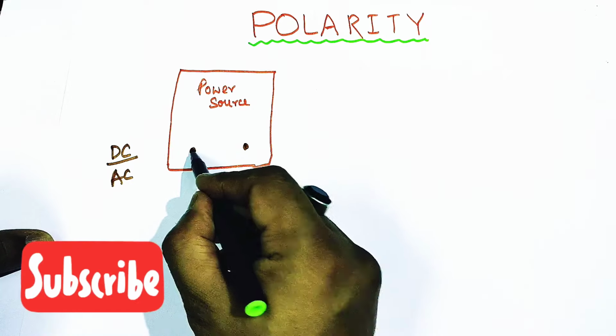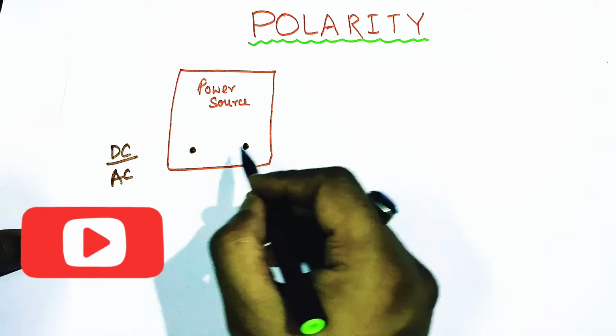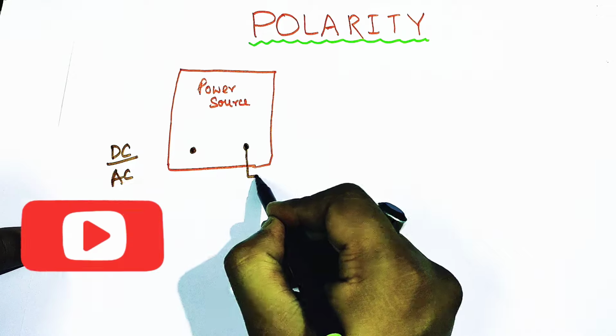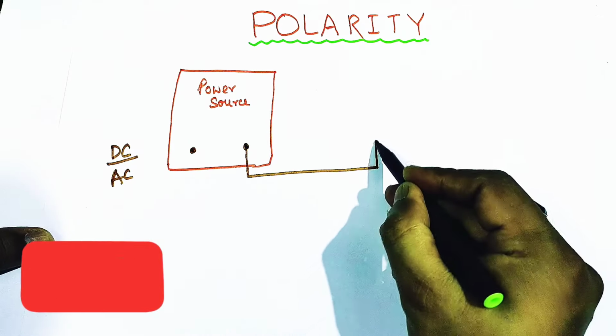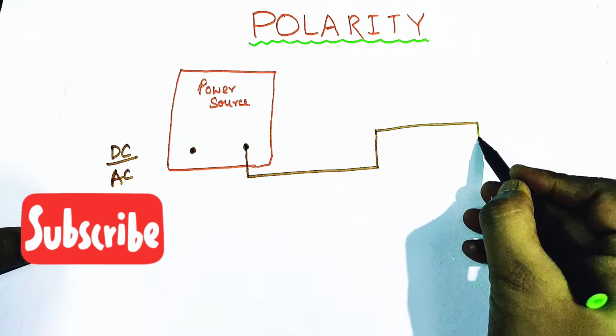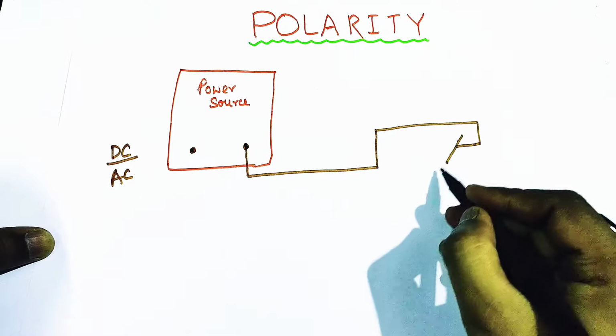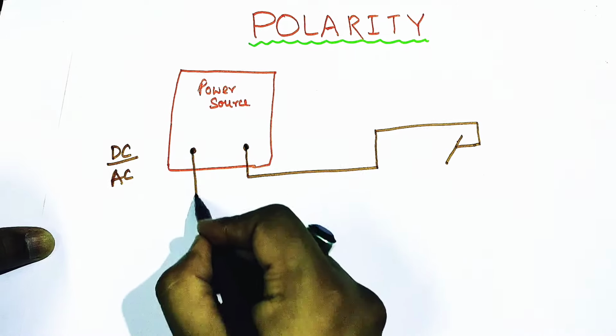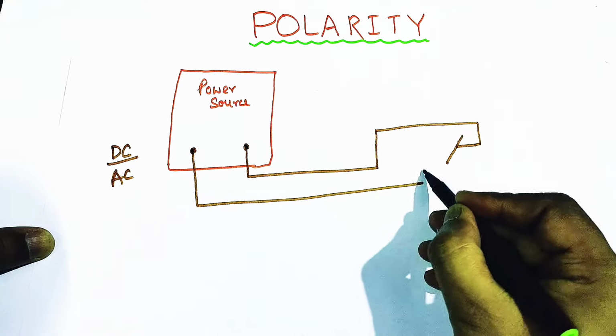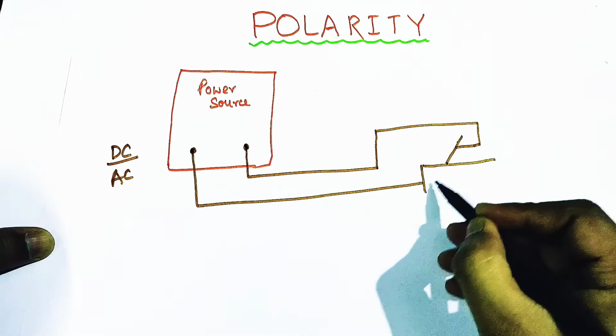So we'll have two terminals on the power source and one terminal will be connected with the electrode. This is the electrode, and the other terminal will be connected with the job piece.